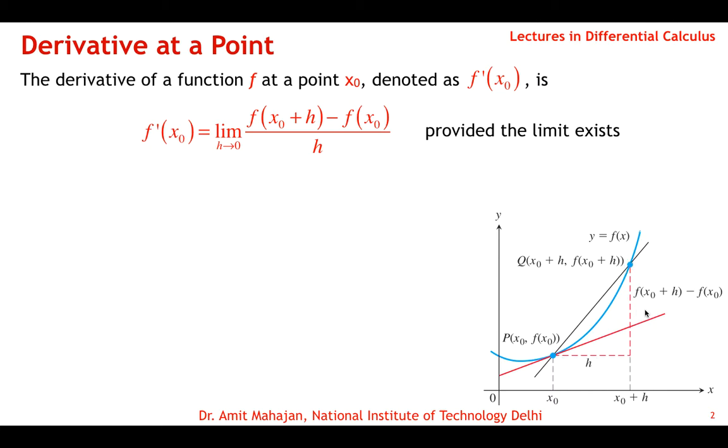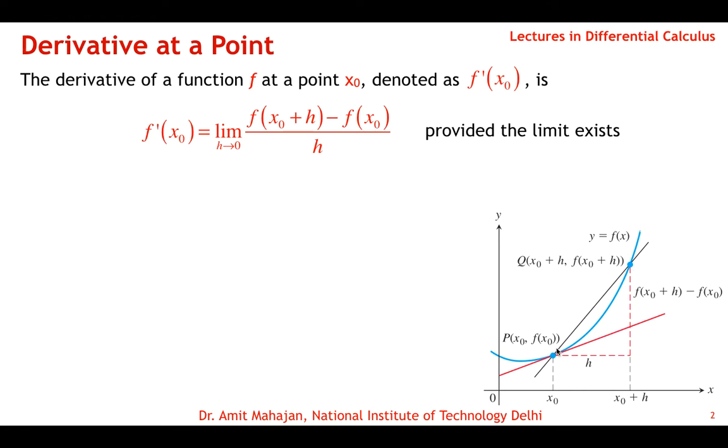Okay, and as we have discussed in the earlier lectures also, this difference quotient is nothing but the slope of the secant, and when h goes to 0, that means if this neighborhood point goes to x naught, then the corresponding point q on the curve will move towards point p.